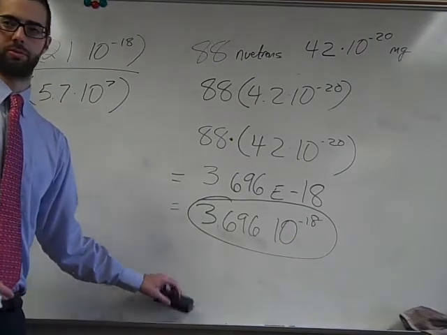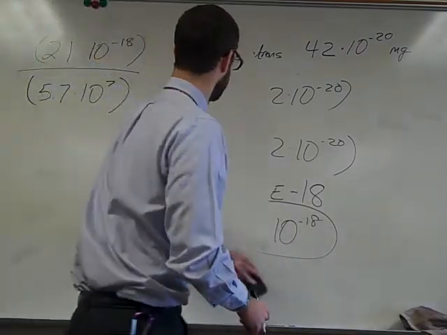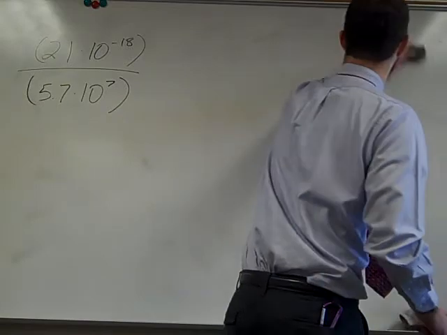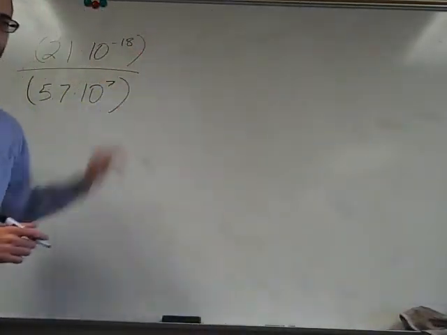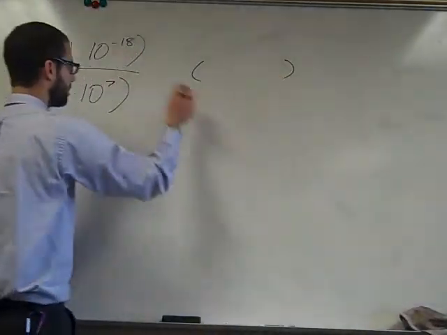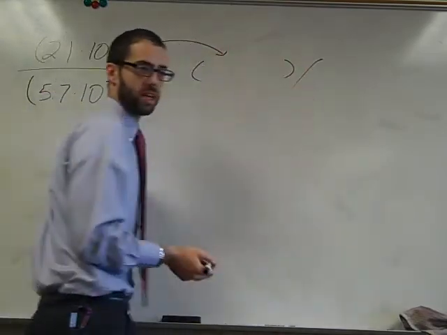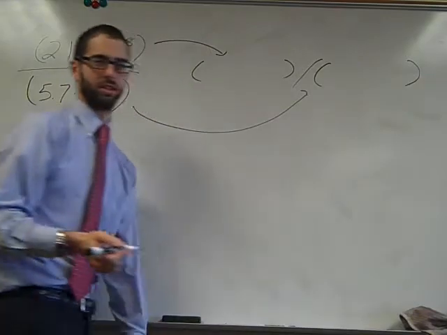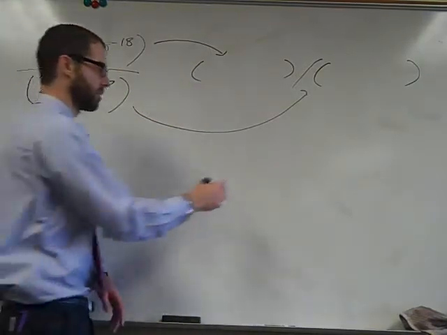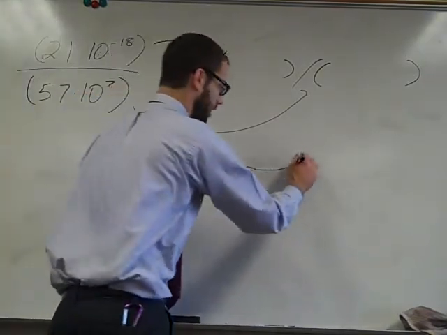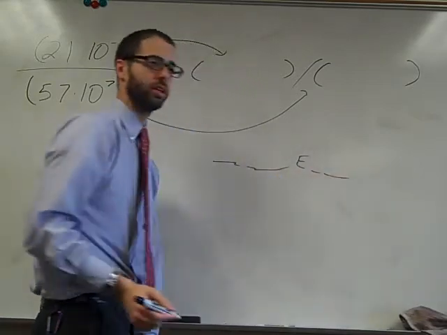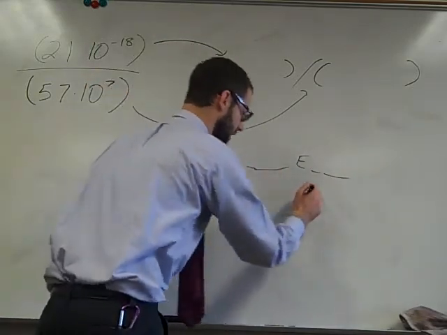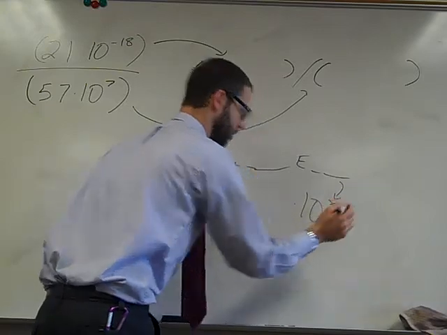Put the first one in parentheses, then the division sign, and I can't forget the other parentheses right here. And when I get an answer, it'll have an E, and it'll have some exponent. So I'm gonna put the answer times 10 to this exponent right here.